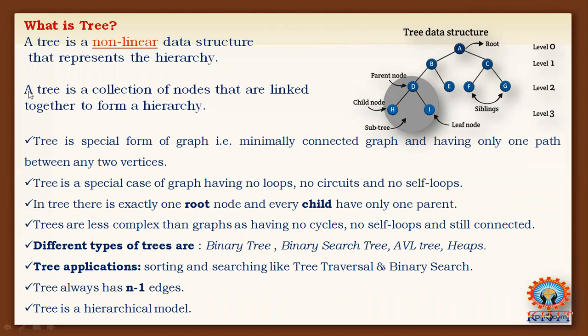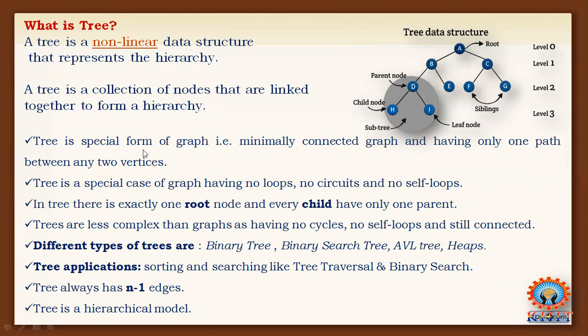The definition of a tree is a collection of nodes that are linked together to form a hierarchy. Here, there is a collection of nodes, namely vertex A, vertex B, vertex C, vertex D, vertex E, vertex F, G, H, I. These are considered as vertices or nodes of the given tree.